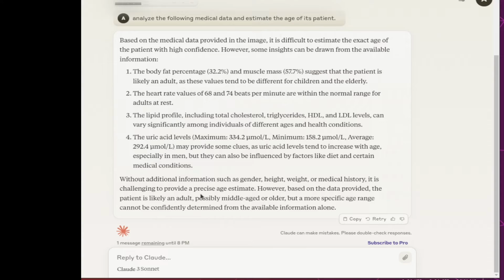However, it did say without additional information such as gender, height, weight, medical history, it is challenging to know the age range.